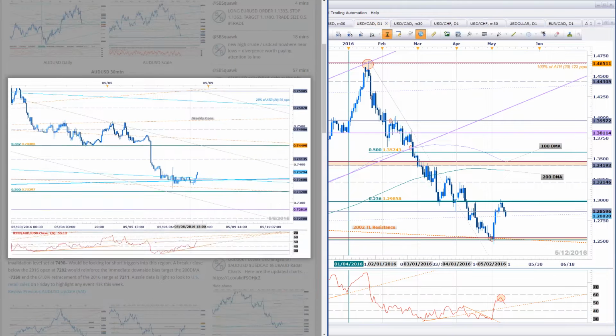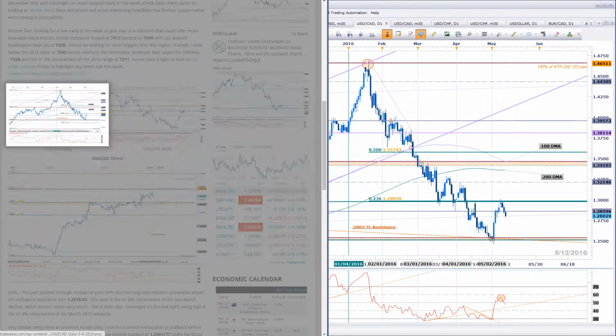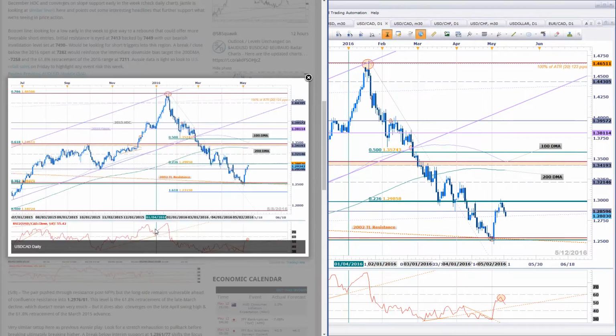Okay, and this is what the daily chart looked like on dollar CAD as we came into the start of the week. So that key resistance there at 29.85, really nice hold. Obviously it probed right through pretty quick there, but nice hold.